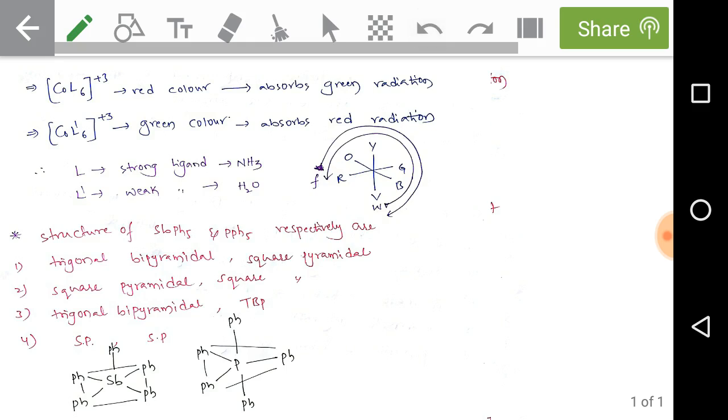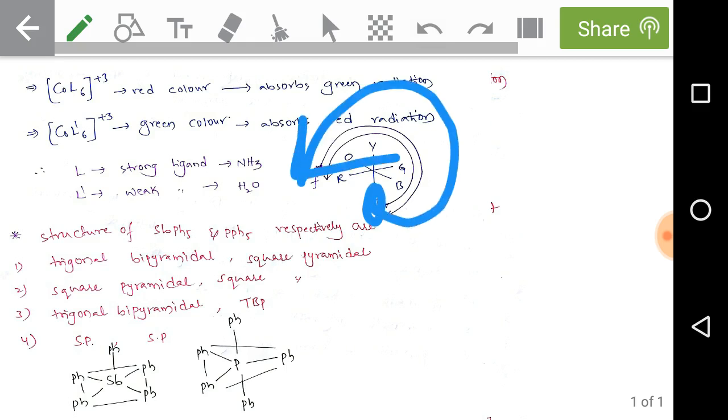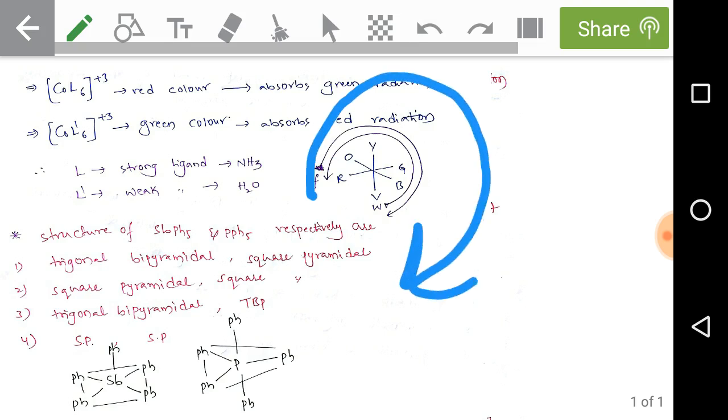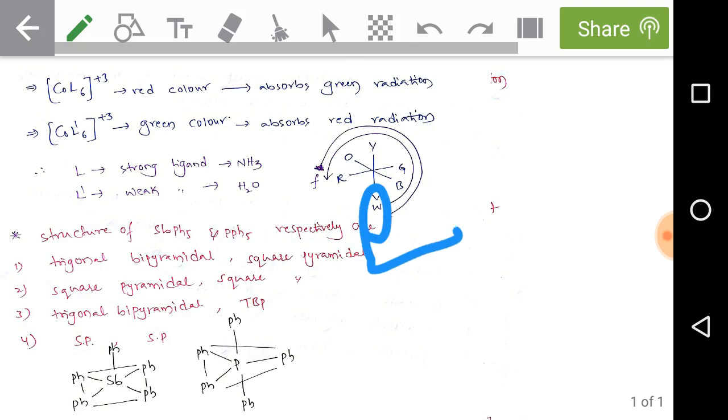Okay, right, just check the trend here from violet. The wavelength is increasing towards red. That means red light has a greater, longer wavelength. At the same time, frequency, that means energy, increases from red towards violet. That means violet has greater frequency.